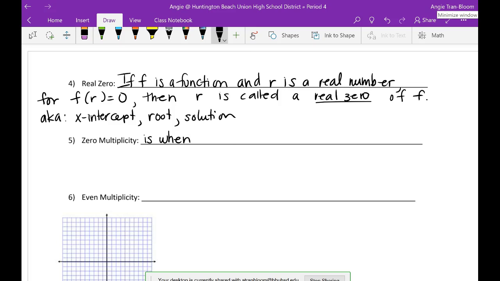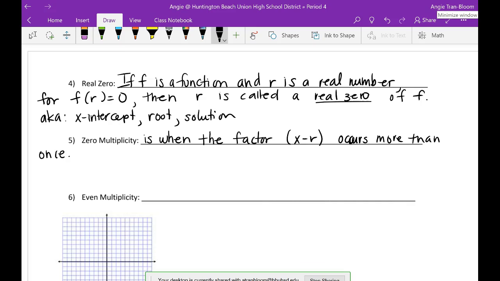So zero multiplicity is when the factor x minus r, that's a factor of the function, occurs more than once.